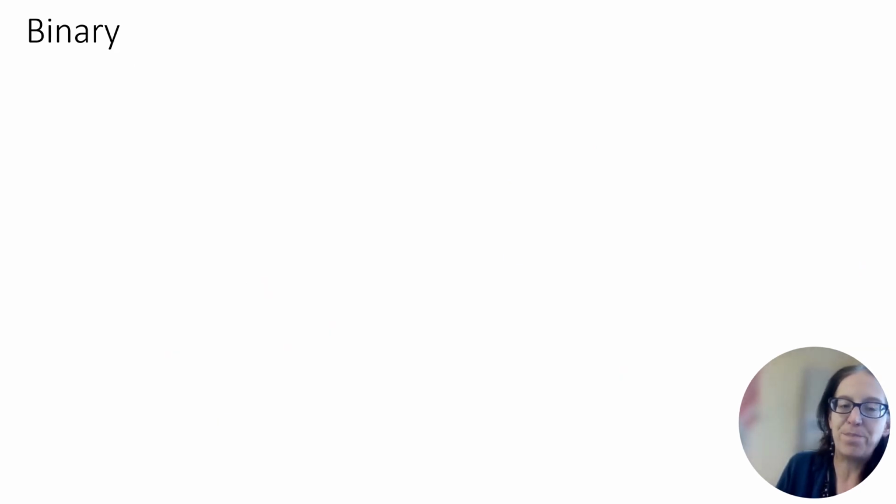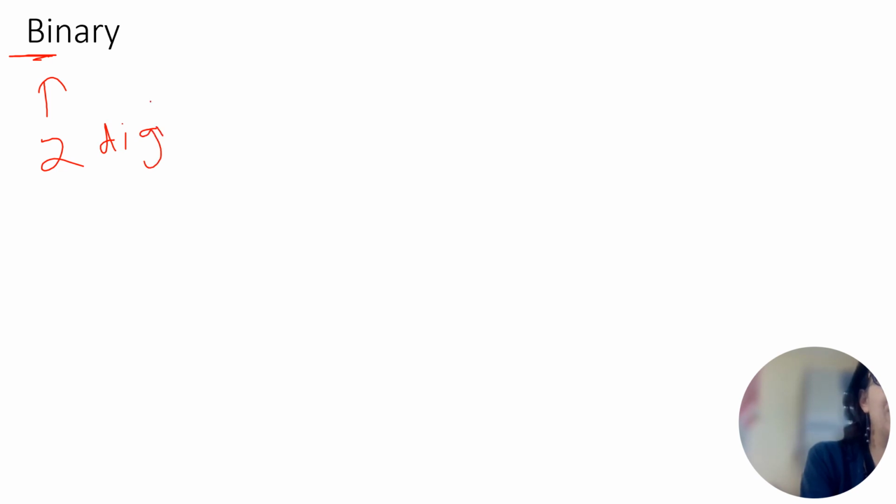That would be our binary numbers. Prefix bi means 2, which means that we only have 2 digits to work with. Hence the whole digital thing where you have a high and a low. So 2 digits, 0 and 1. That's it. So when we start counting, we run out of digits really fast.